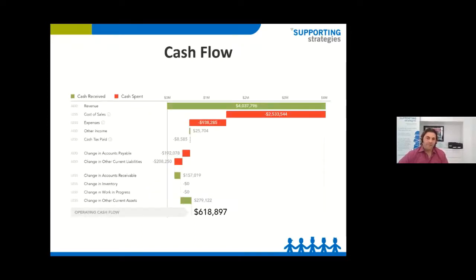Okay, cash flow is an important yet often overlooked consideration in many startup financial models. So this is an actual cash flow representation of a real business.